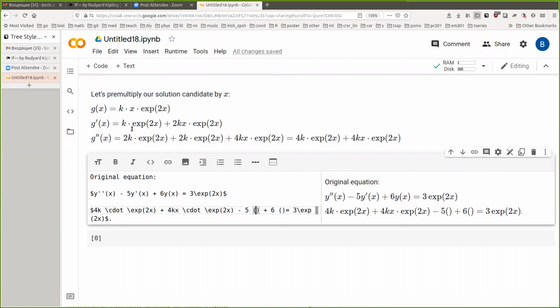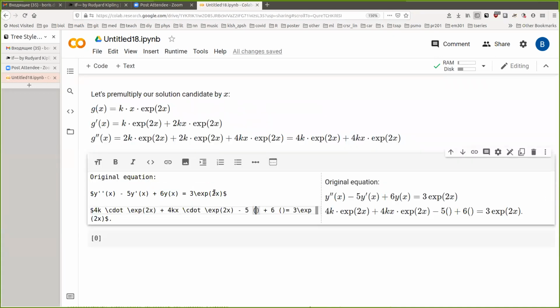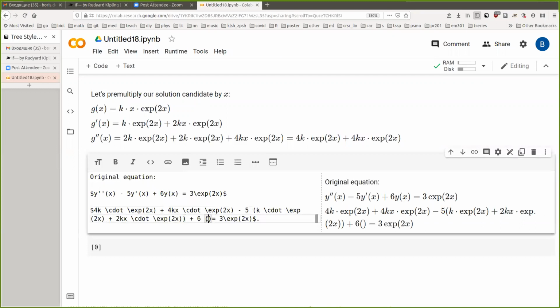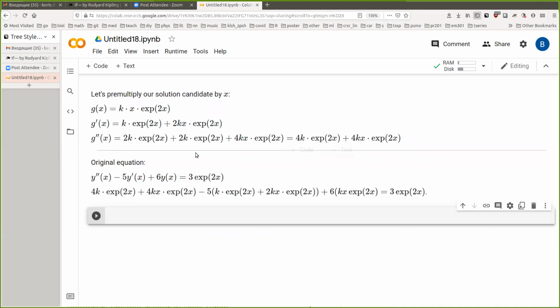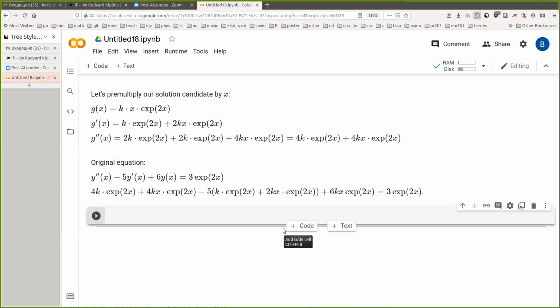And instead of y prime of x, I just get that expression. And instead of y of x, I have kx exponent of 2x. So this is my new equation. When you simplify everything, what will you get?